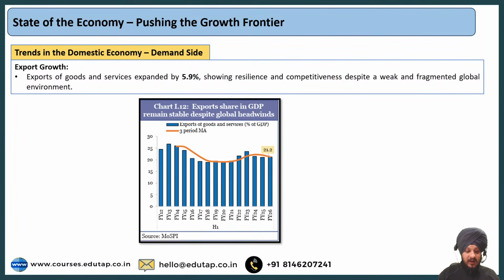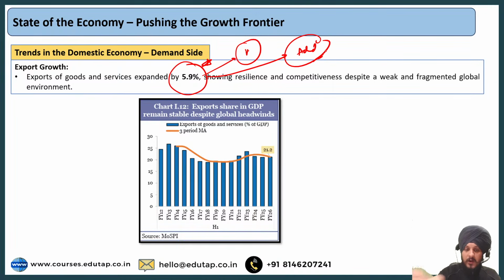The next factor is export growth. Exports have expanded by 5.9%, and this shows how the competitiveness of India is increasing. In a very simple manner, it provides the additional support that is required by the GDP.